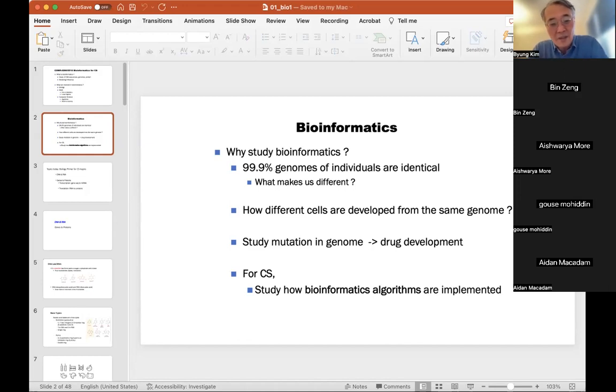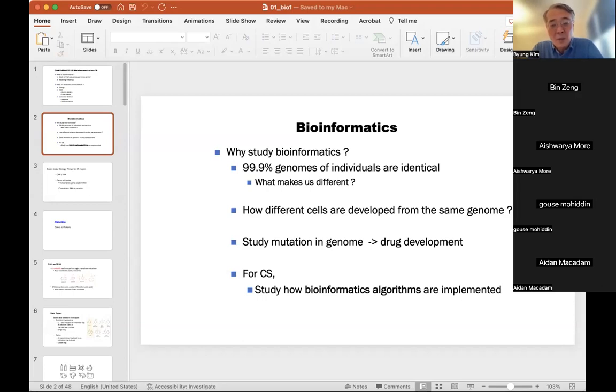How does a cell tell how it has to develop depending on where it is located? So that's a sort of fundamental question.